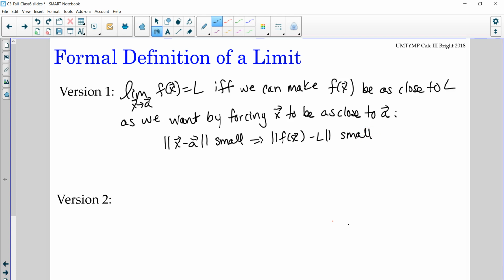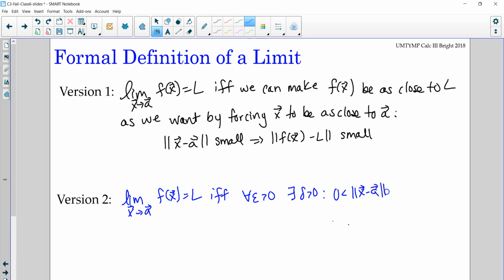Okay, another way to say that, using more formal notation, is that we have the limit as vector x approaches vector A of f of vector x equaling L if and only if, for all epsilon greater than 0, yes, epsilon, we love epsilon, there exists a delta greater than 0 such that if we have the distance between vector x and vector A less than delta but still positive, that gives us that the absolute value of f of vector x minus L is less than epsilon.